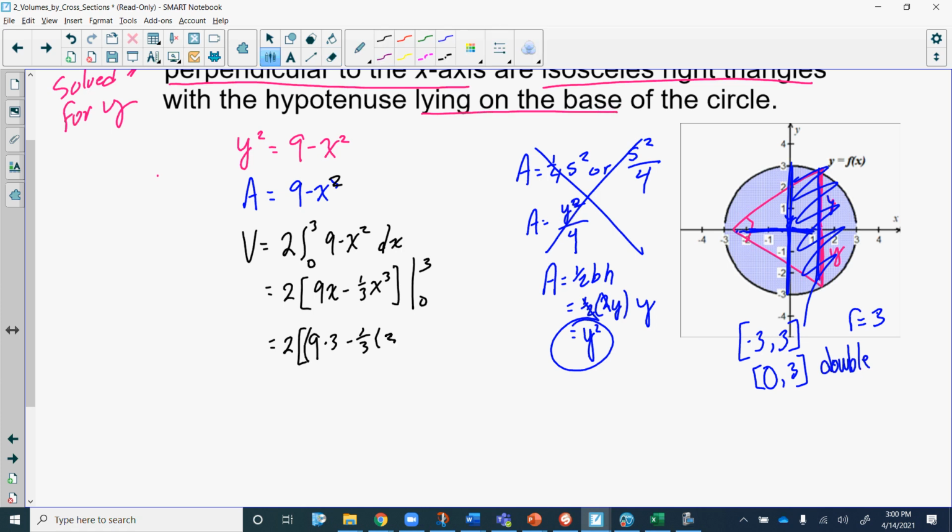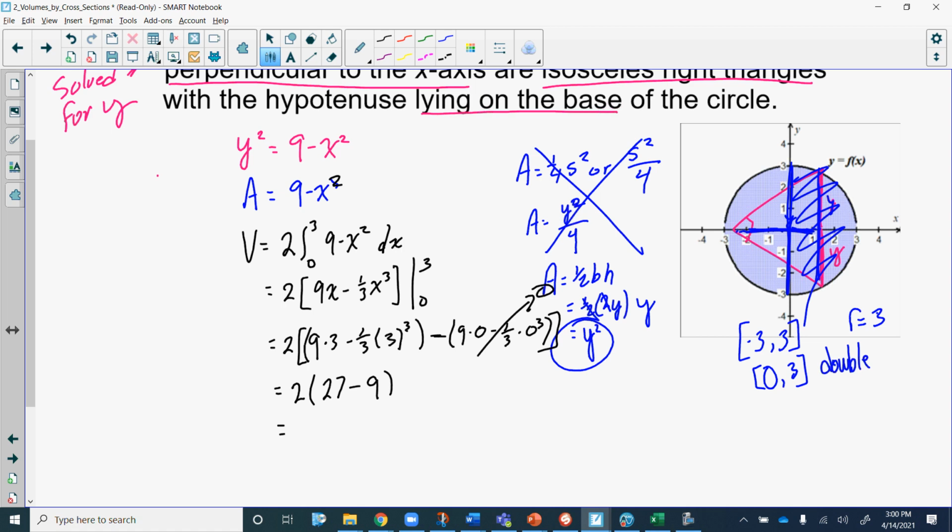Minus 1/3 times 3 cubed, and then minus 9 times 0 minus 1/3 times 0 cubed. So all of this goes to 0, and I will have 2 times, so 9 and 3 gives me 27. 3 cubed is 27 over 3. That'll be minus 9.